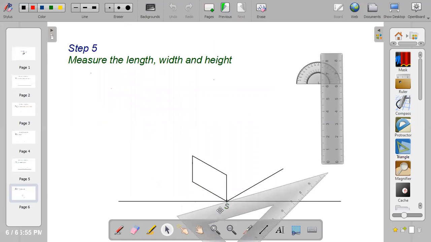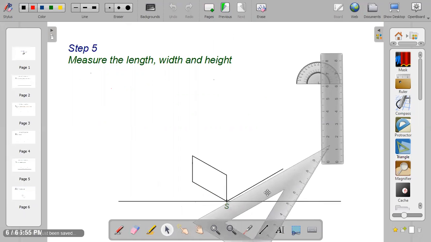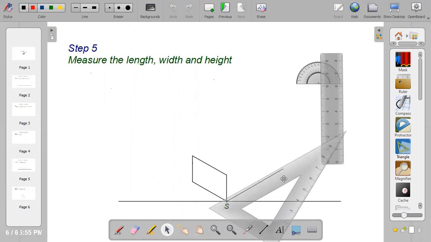I'll copy this parallel line. I'll make sure my set square is placed on the line, on the slant line or the receding line.